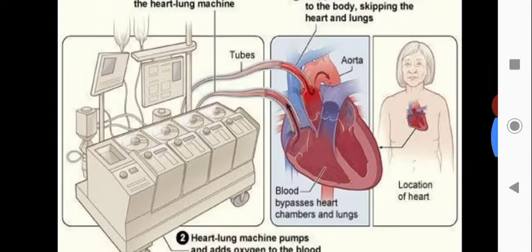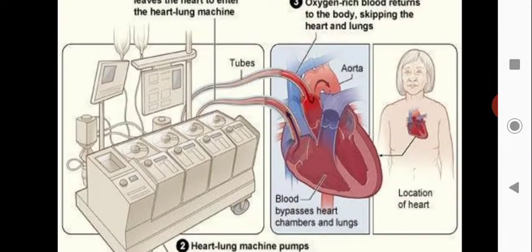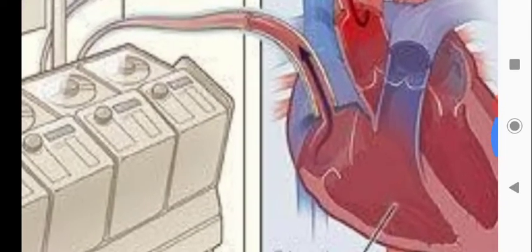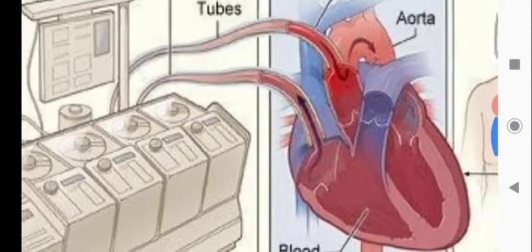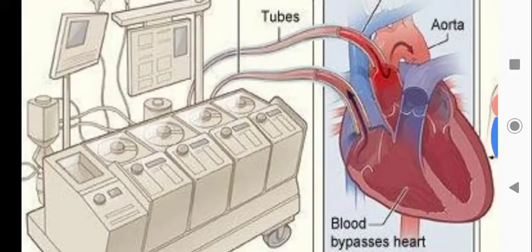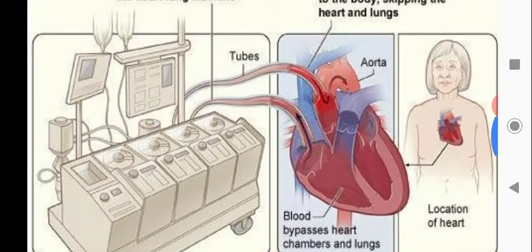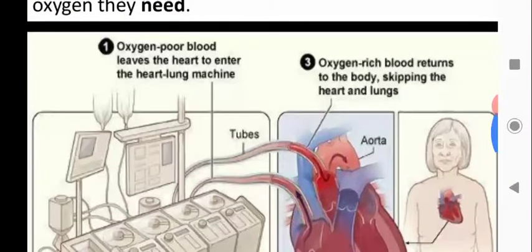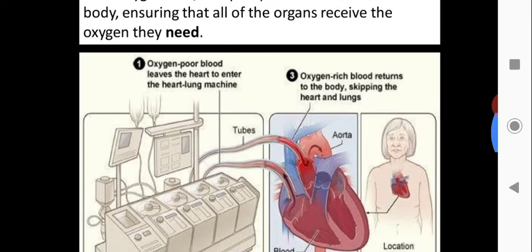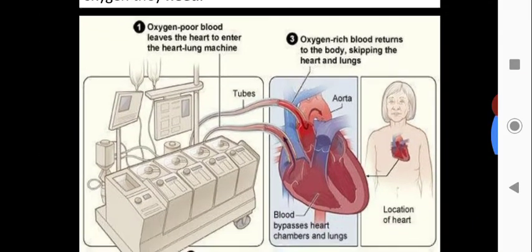So this is what a heart lung machine looks like. Here you can see an arrow, which is from the returning blood, and it is being fed to the oxygenator. From the oxygenator, through the tubes, it is returned to the aorta, which is oxygen-rich blood. First, oxygen-poor blood leaves the heart to enter the heart lung machine.